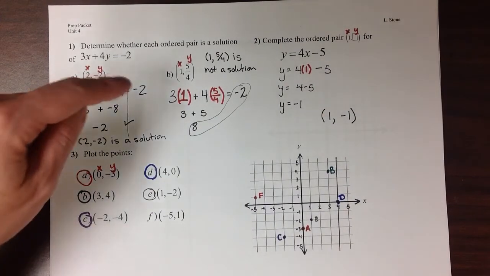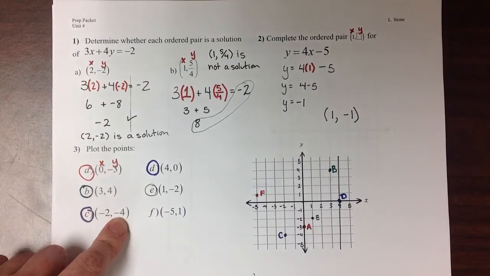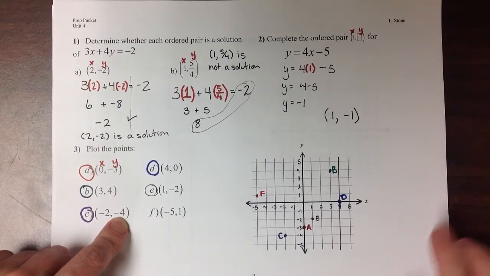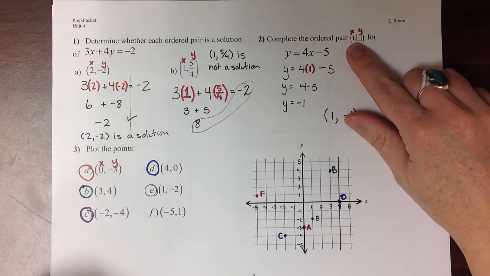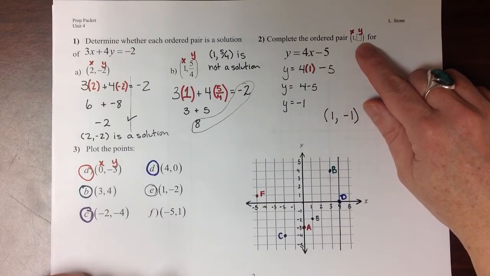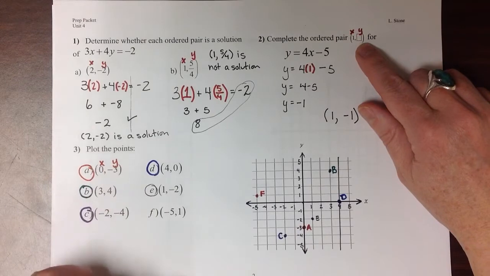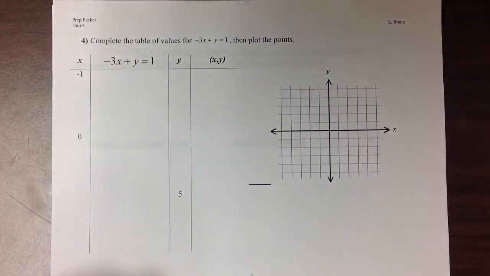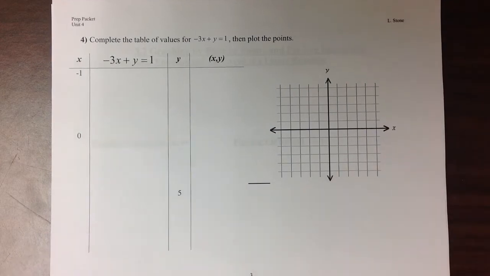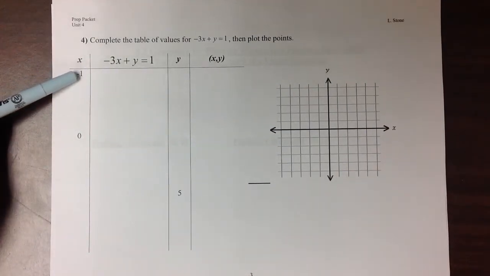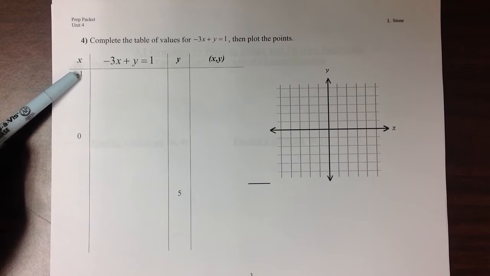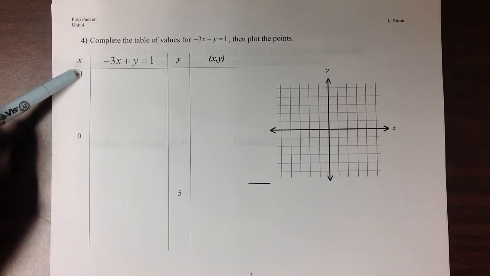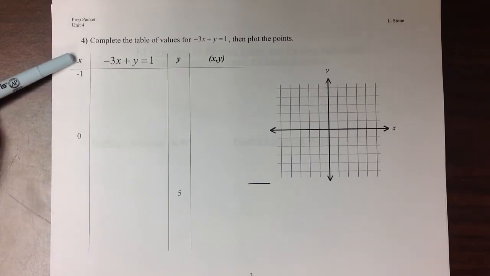So now let's try these two skills together, where we're going to be substituting in one of these values, either the x value or the y value, solving for the other, and then using those ordered pairs to create points on a graph. So they tell us which value they're going to have us substitute in, and it looks like in this first step we're going to be putting in a -1 in place of our x.